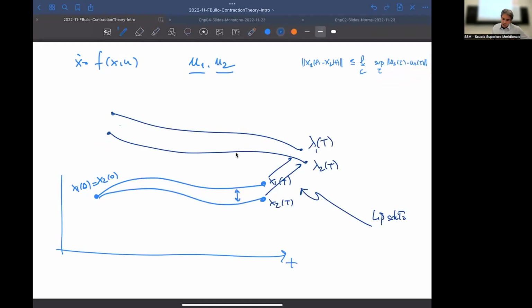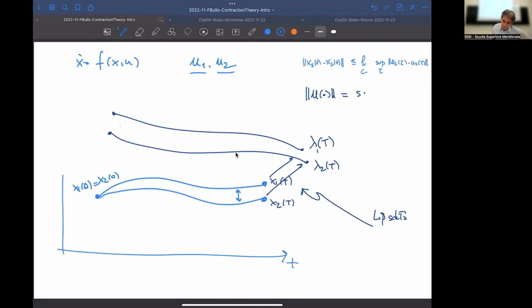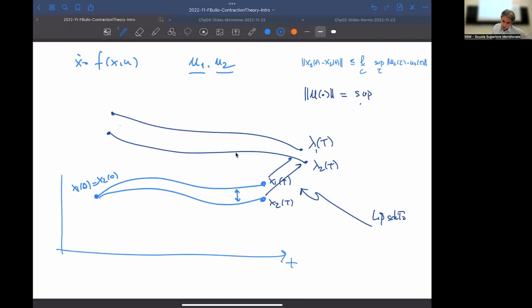Here, this gap is Lipschitz in the difference between the inputs. In fact, let's imagine that I define a norm on the set of inputs. So I have an input function of time, and I define a norm on the set of input functions of time. This is the supremum over all time, let's say from 0 to capital T, of the norm of u at time t. These two norms are not the same.